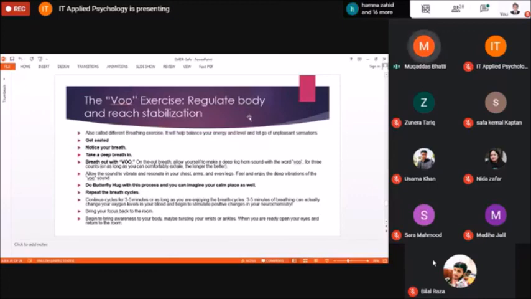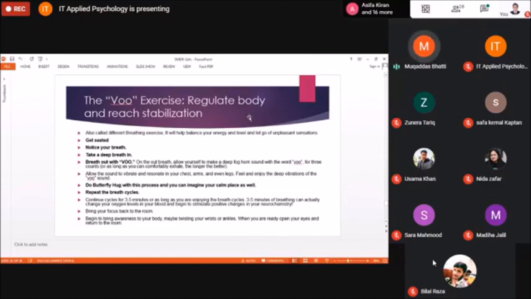The next one is the woo exercise. This is a simple breathing exercise. It will help regulate our body and reach stabilization. The first step is to get seated in a comfortable place. Then you need to notice your breath and take a deep breath in.